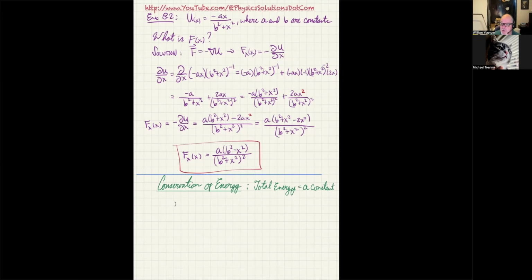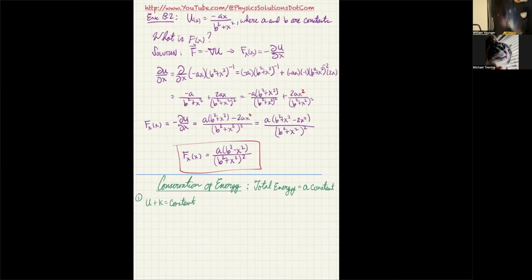Now, the types of energy we've learned about so far are potential energy, which is given the symbol U, and kinetic energy, which is given the symbol K. So, what you might say is U plus K equals a constant.